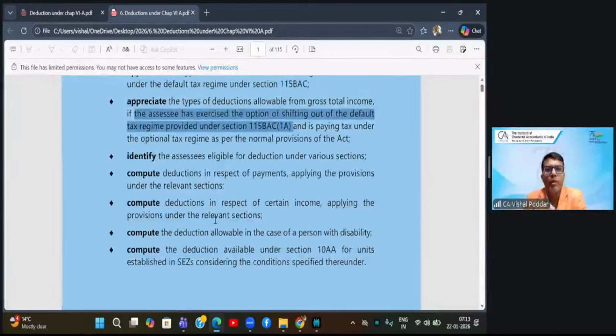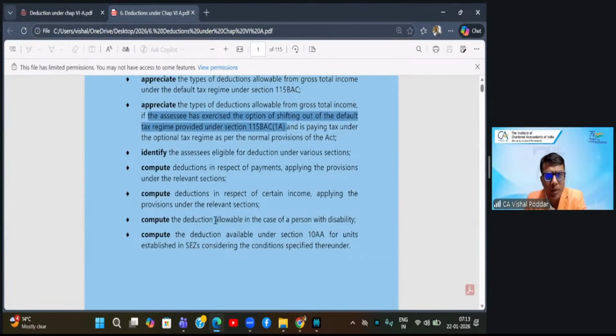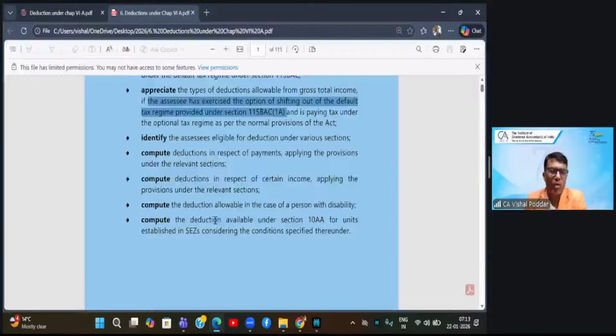Importantly, if you are paying tax under the new regime, out of all the deductions given under this Chapter VI-A, that is section 80, there are only two deductions, or I'll say three. Actually, two are similar, so I'm calling it one and then one more. There are only three sections under which deductions will be allowed if you are in the default regime, that is the new regime. But if you want to claim all the deductions, you'll have to opt out of the new regime and go to the old regime.